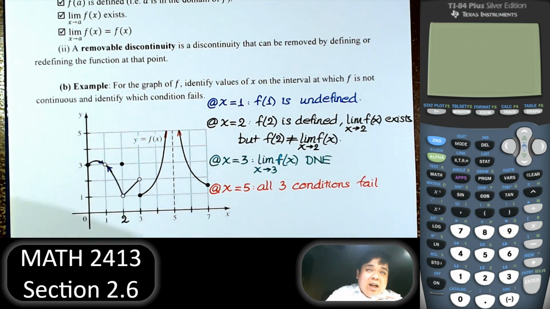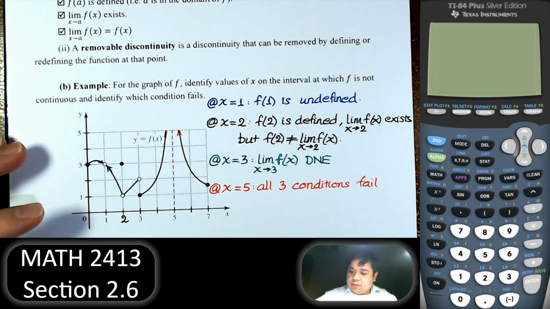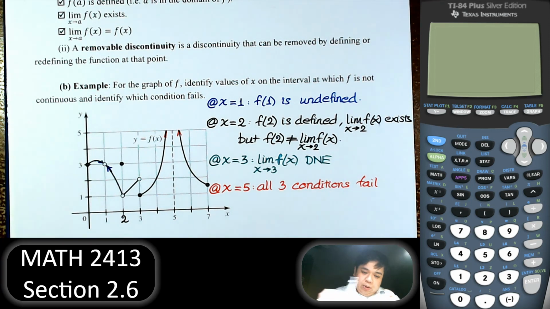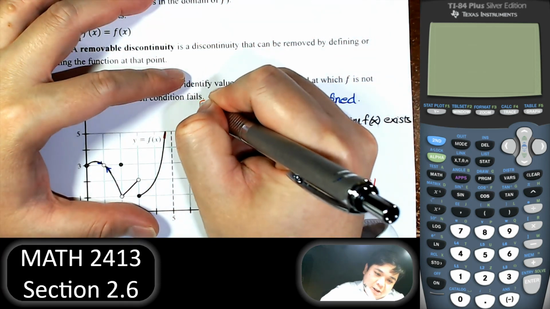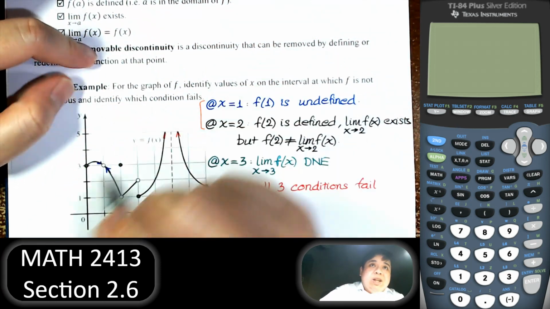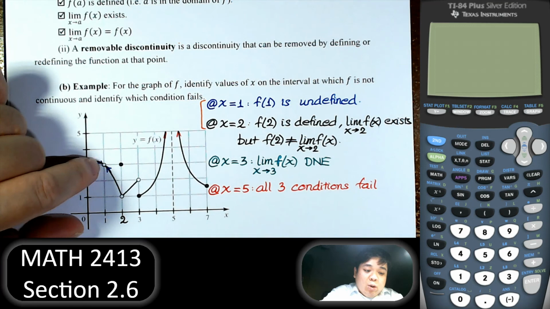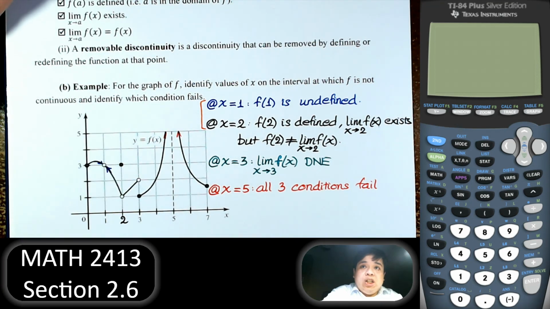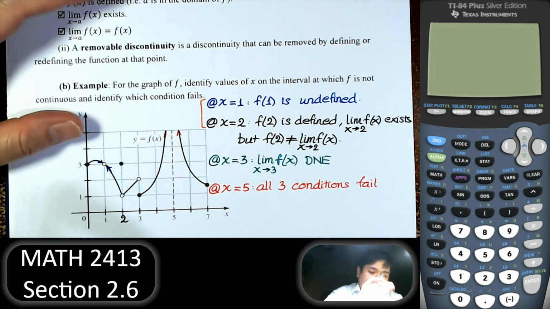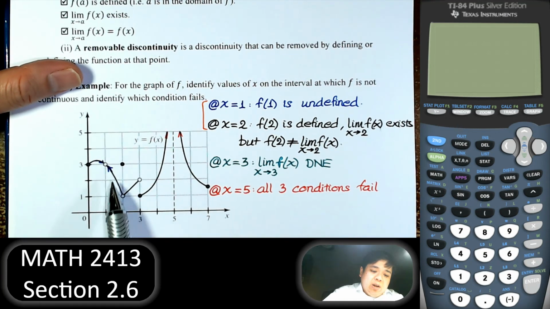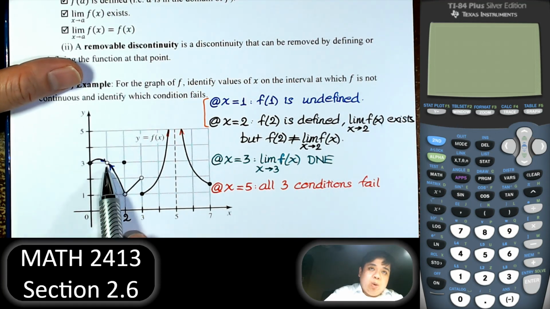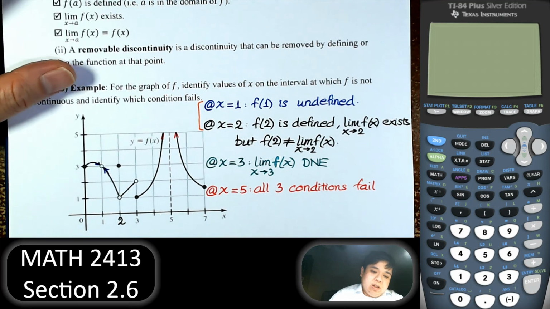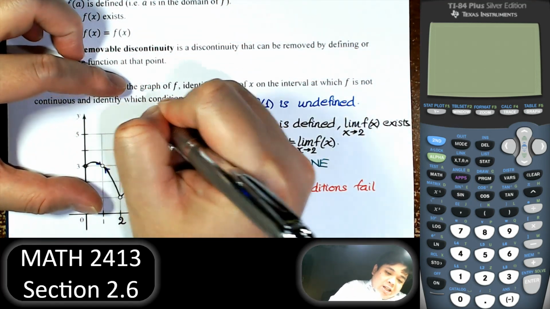In that case, it is called removable discontinuity. So this 2 is called removable discontinuity because we can add 1 point to make the function continuous. I mean, not adding, we're redefining or changing the values of the function at the point, and the function will be continuous. So it is removable discontinuity.